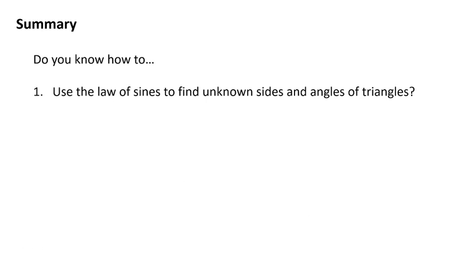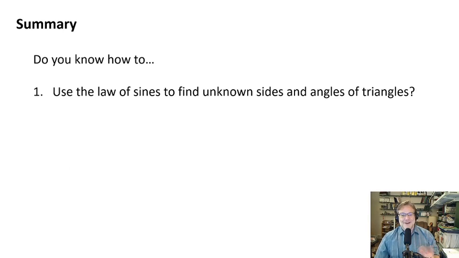All right, so let's summarize this from the start here. We've been, first of all, finding out how to use the law of sines to find unknown sides and angles of triangles. We've been doing that with triangles that, for the first time, don't have to be right triangles.